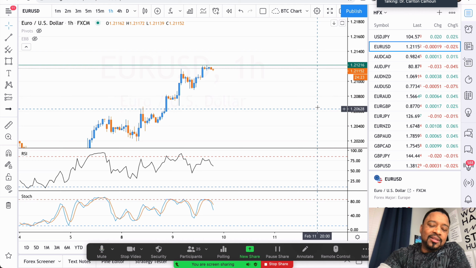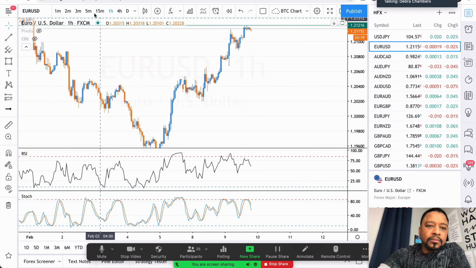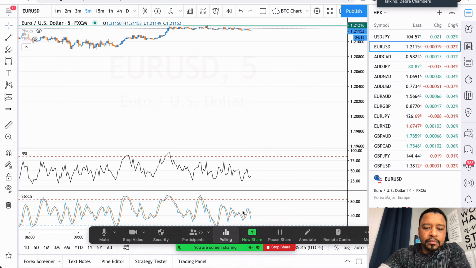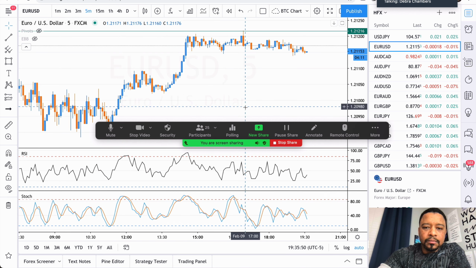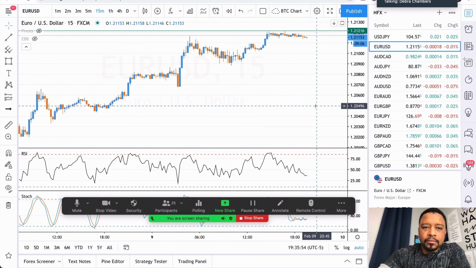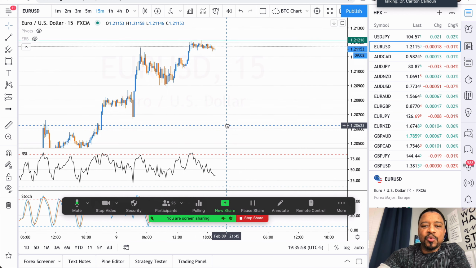If you're trading on a 5 minute, and you go through your pairs and you're not seeing your conditions how you would like them to be set up, and you move to a higher time frame, so let's say on the 15, you're looking at a 5 minute trade? Not necessarily. It depends on what's going on.